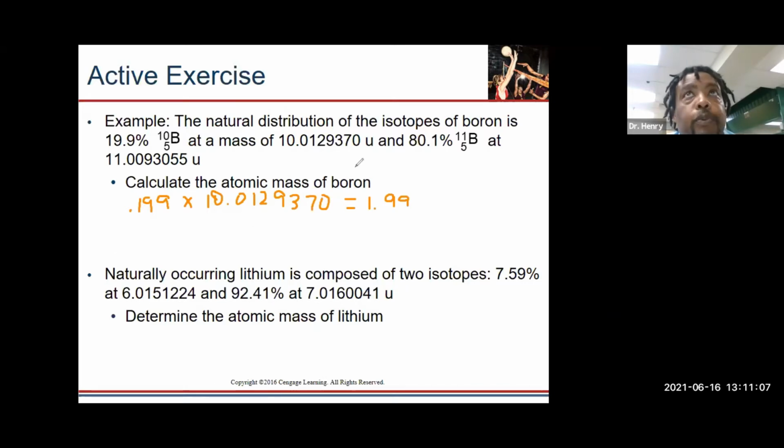And then we're going to multiply 0.801 times 11.0093055.